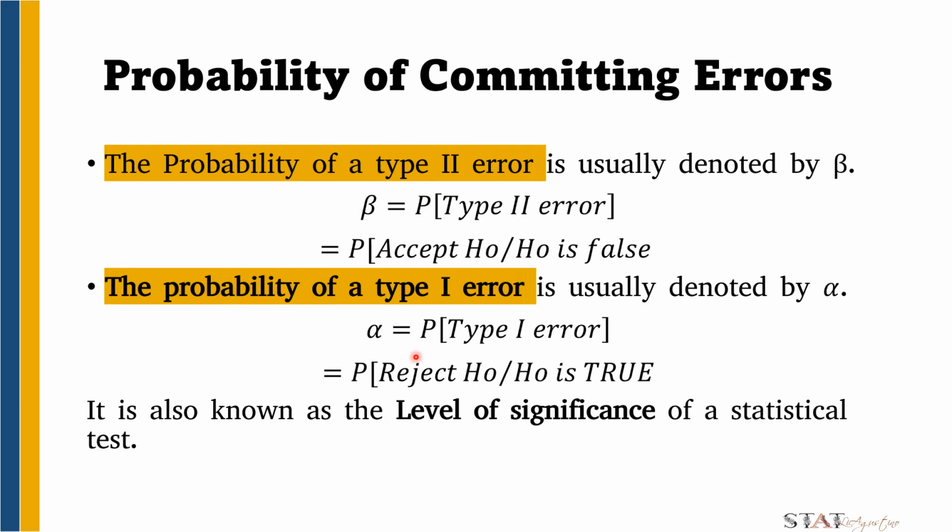So alpha is equal to the probability of committing a type 1 error, and that is the probability of rejecting H0, or accepting the alternative hypothesis, when actually your null hypothesis is true. It is also known as the level of significance of a statistical test.